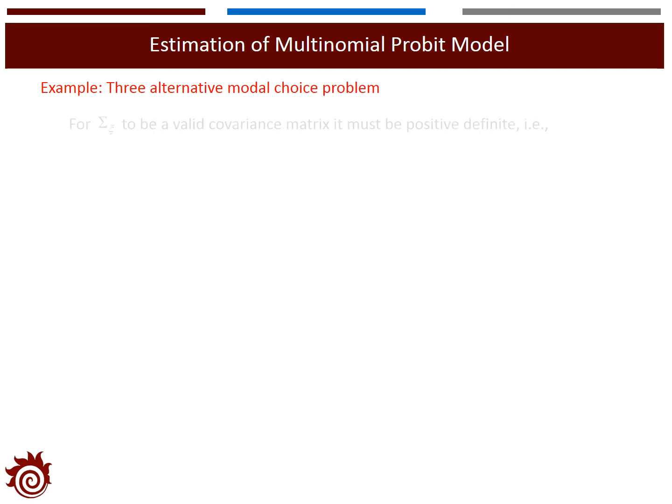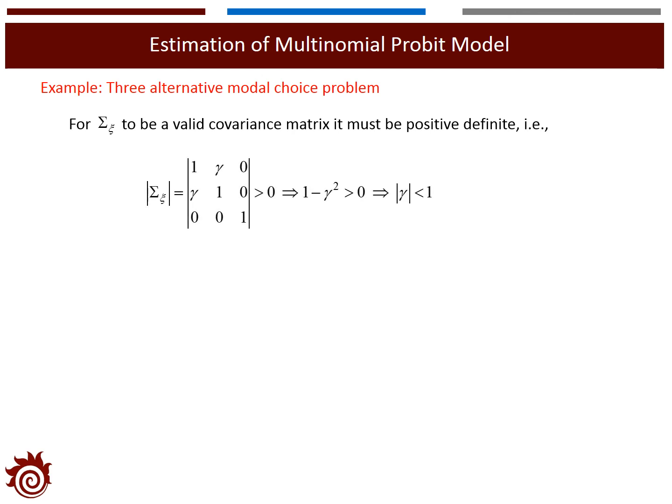In the multinomial Probit model, we need to ensure that the covariance matrix is valid, which means it has to be positive definite. So we need to make sure that the determinant of the covariance matrix be positive. That means we will have 1 minus gamma square higher than 0, which will give you the range for gamma. Absolute value of gamma should be less than 1.